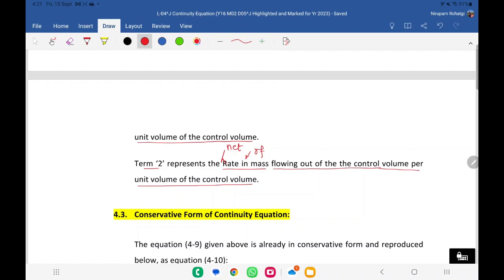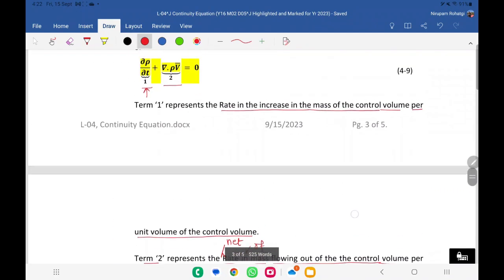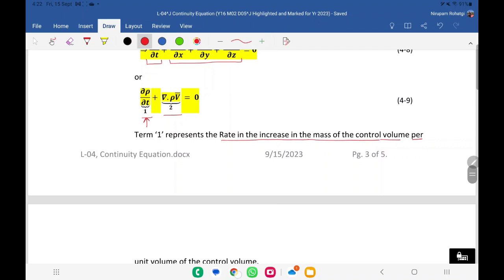The difference between the two, in terms of how much is flowing out, is the net rate of mass flowing out per unit time per unit volume of the control volume. Okay, so this is the equation you get. This is the continuity equation. Simple.